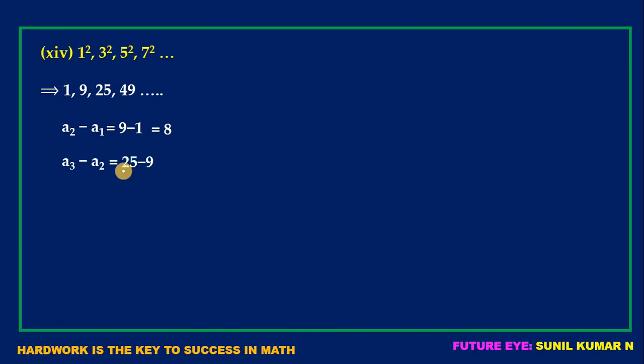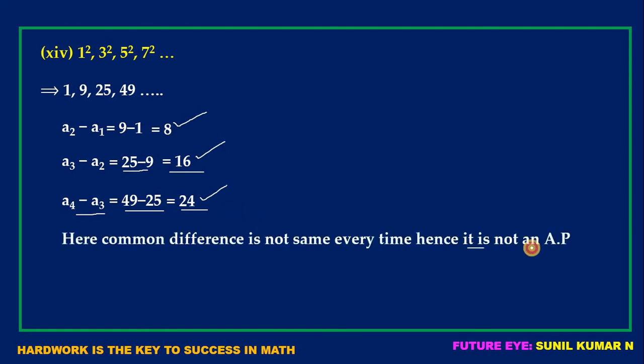Substitute the values: 25 minus 9 gives 16. Next A4 minus A3, that is 49 minus 25. It gives 24. Now look at the values we have got. All these values are different. Hence we can say it is not an AP.